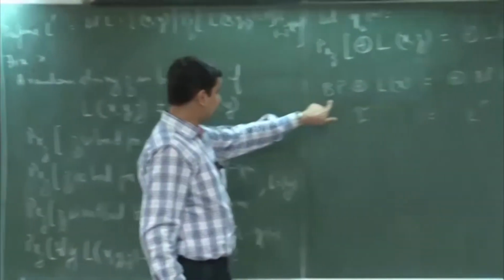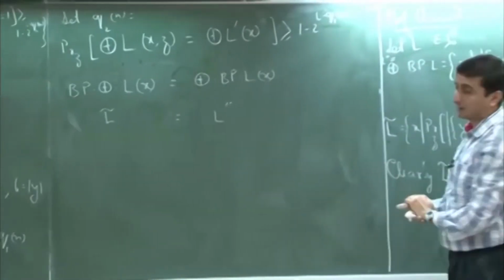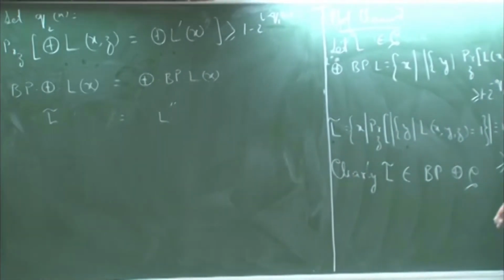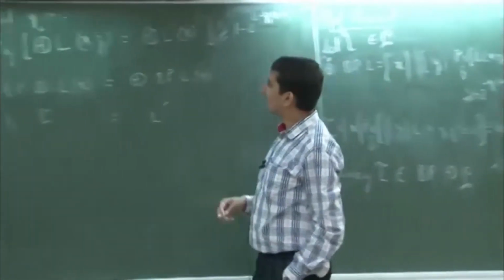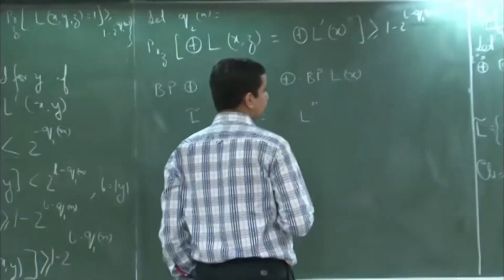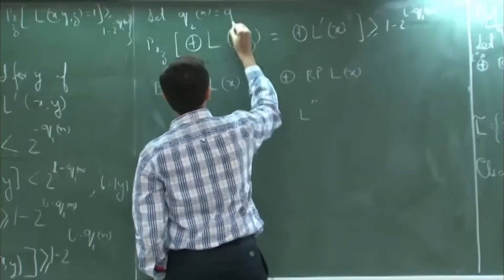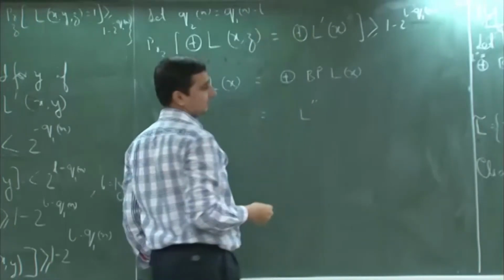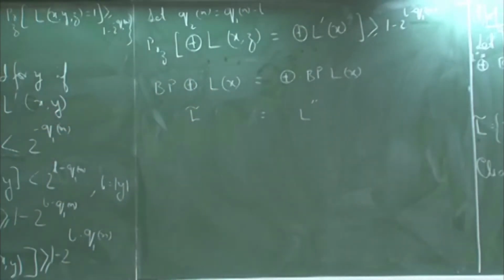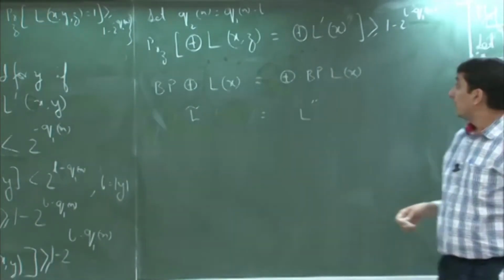So to put this BP operator, what I need is that this should be greater than whatever polynomial I want. Initially I wanted this to be minus q2 of n. So yeah, q2 of n should be equal to q1 of n minus L. So that will work.